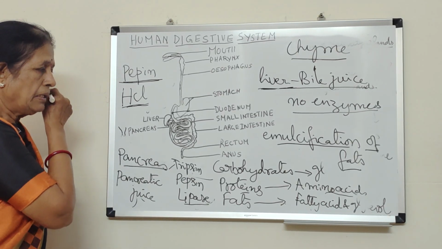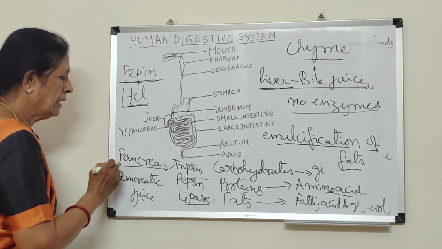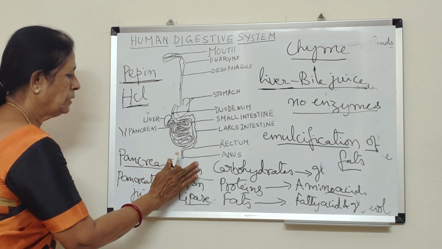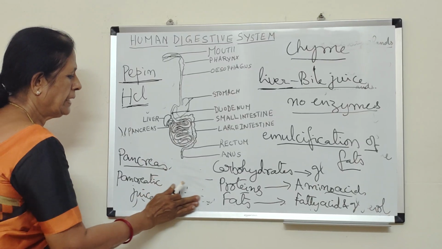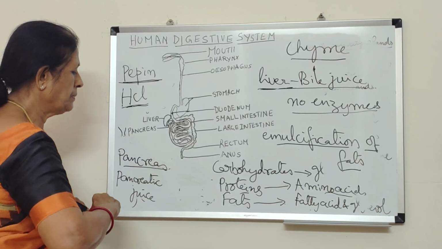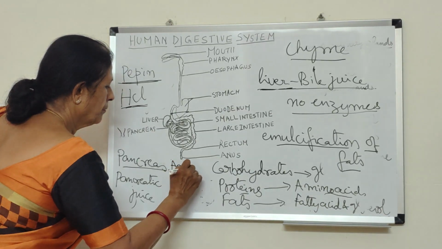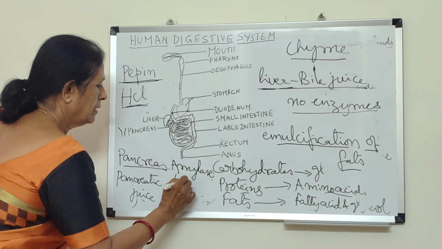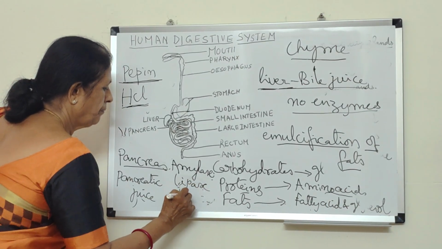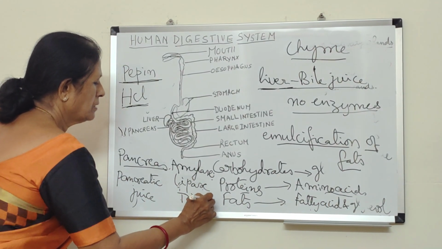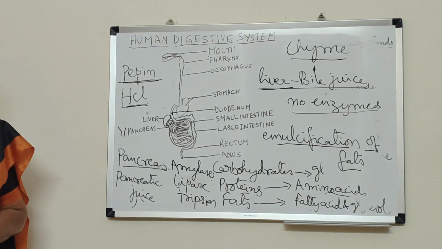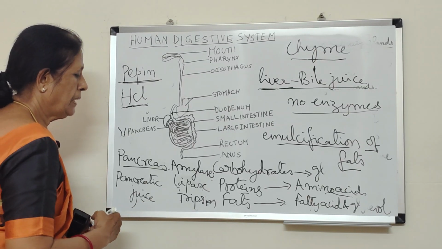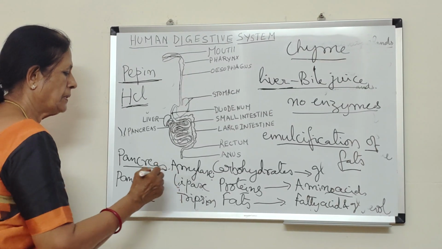Next, into the duodenum, there is a gland called the pancreas. The pancreas produces pancreatic juice. This pancreatic juice contains different enzymes: amylase, lipase, and trypsin.